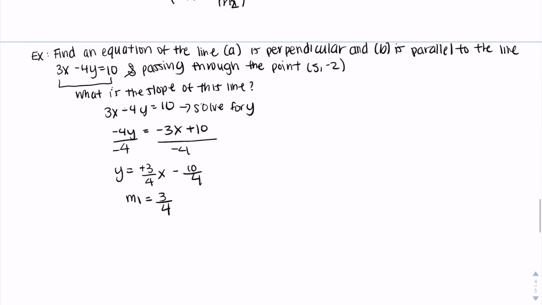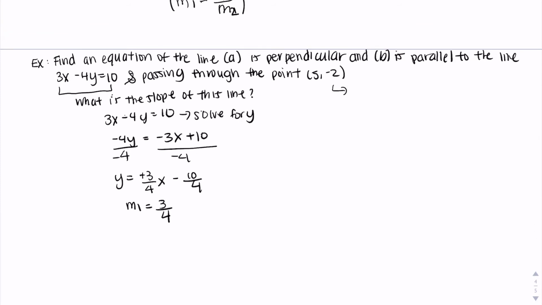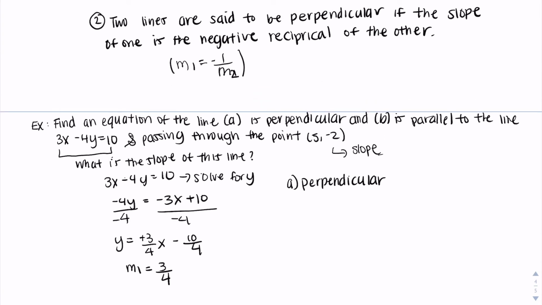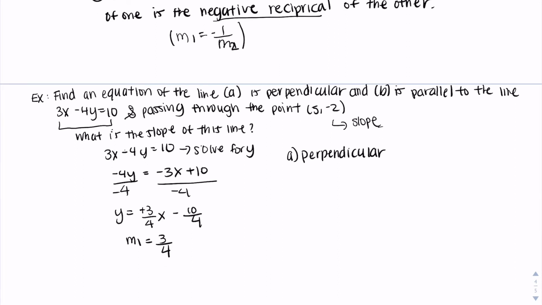So then that means that M2, the slope of the second line, since it's perpendicular, so let's do A. Since perpendicular, it has to be the negative reciprocal of M1. So M2 will be equal to negative 1 over M1, which is equal to negative 4 over 3.